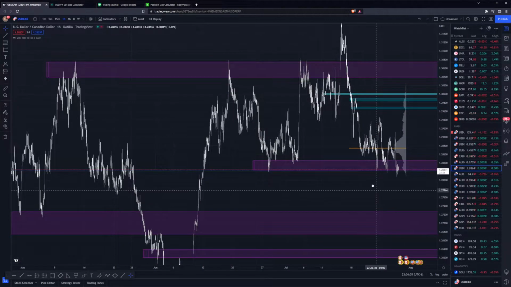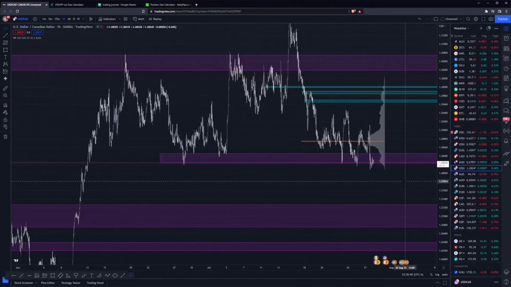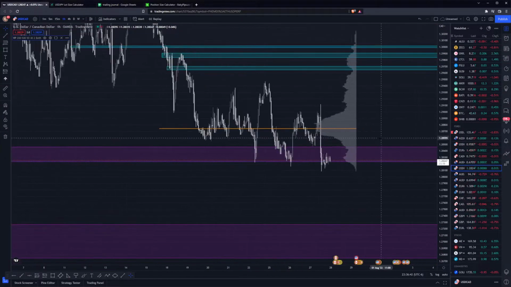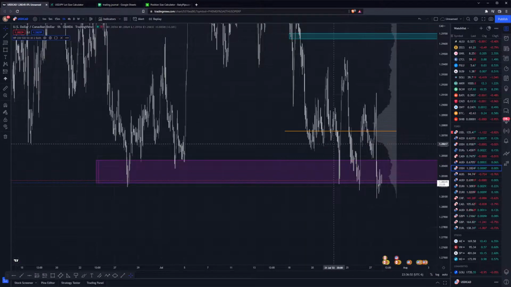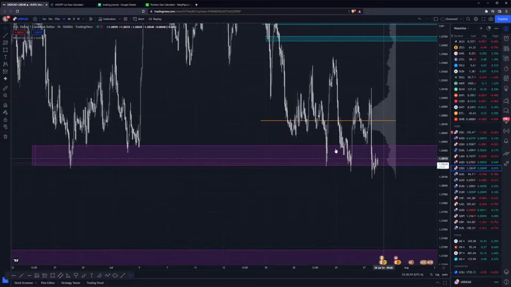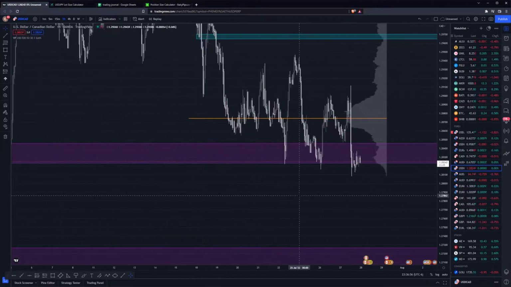Alright, so we got this clear support zone here. It's starting to fail a little bit. I shouldn't say fail because it hasn't really clearly broken this level yet. And keep in mind, these zones are very flexible.